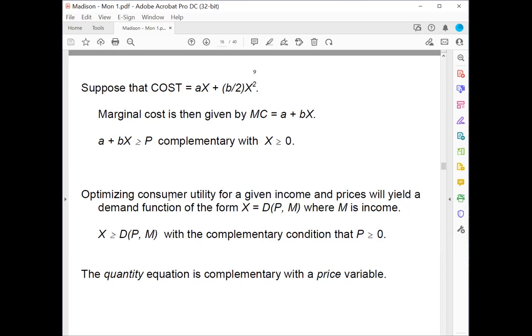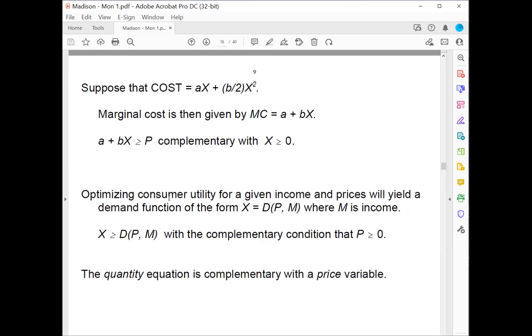So what is the inequality that goes with that? Well, it's X is greater than or equal to demand, complementary with the condition that P is greater than or equal to 0. So again, what's the direction of the inequality? Well, it may be that supply is greater than demand in equilibrium, and that means it has to be a free good.